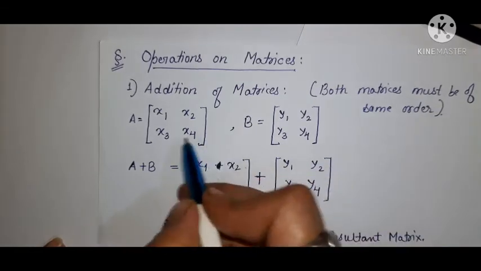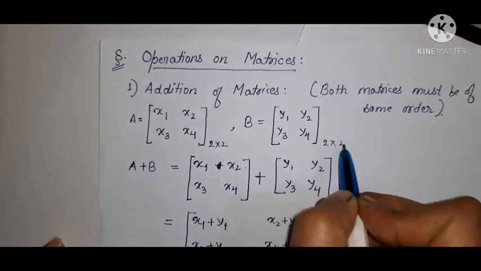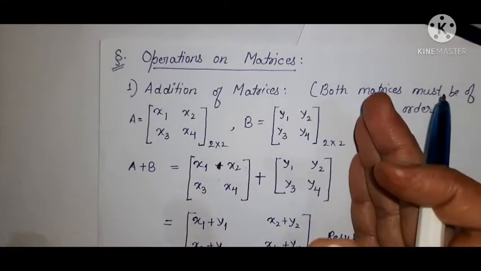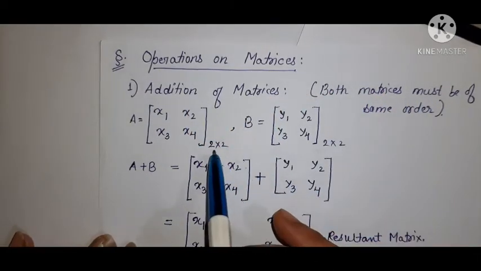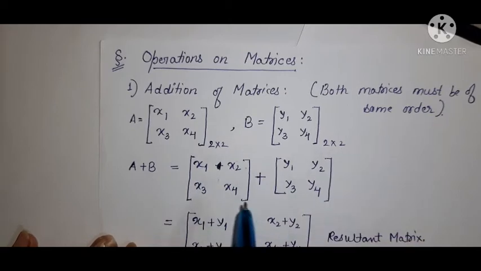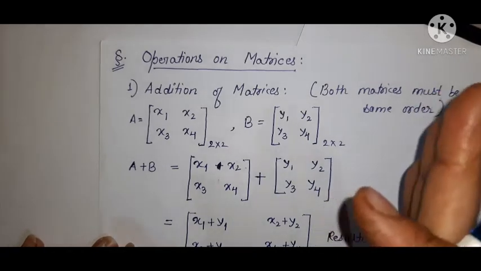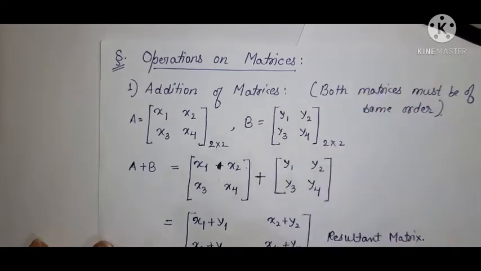Otherwise, you will not be able to add, because then you will not get the corresponding elements for each and every element. Suppose here you have 2 by 2, here you have 2 by 3, then what about the third column? With whom will you add the third column? So for addition, always the order of the matrices should be the same.